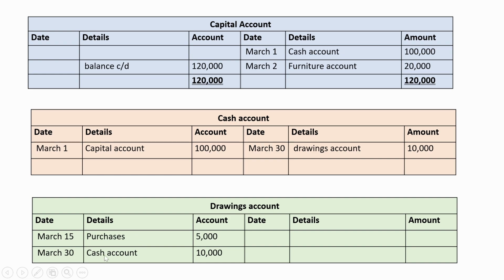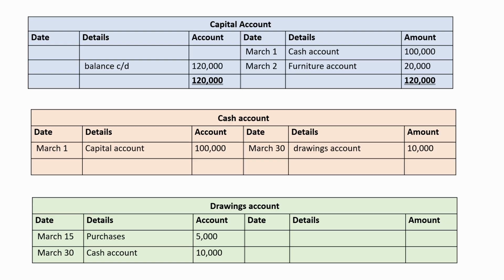And then we have already seen this one, drawings for cash, you credit cash account and you debit the drawings account. So the only account we don't have here is the furniture account, but it is just going to be as simple as the cash account.